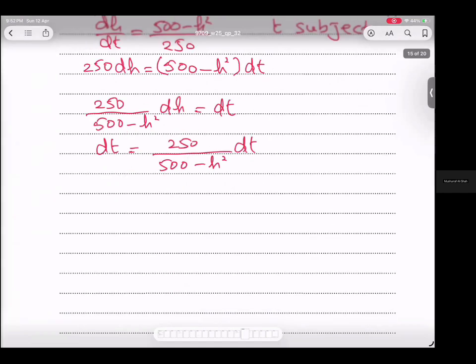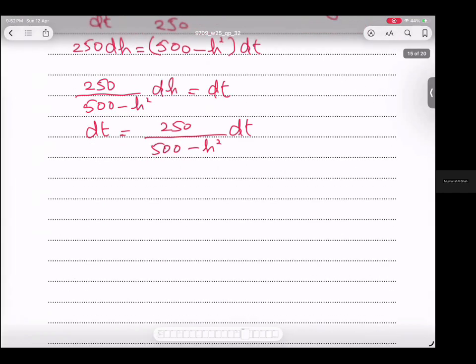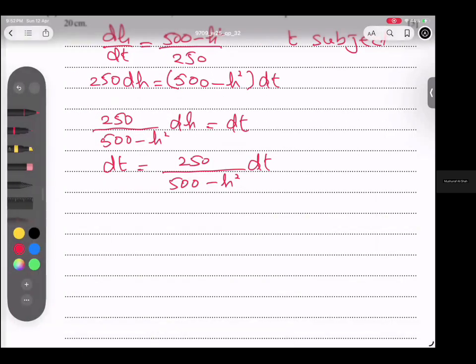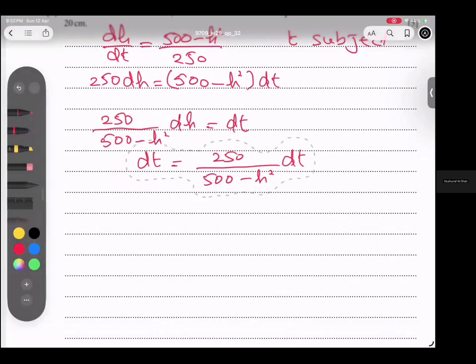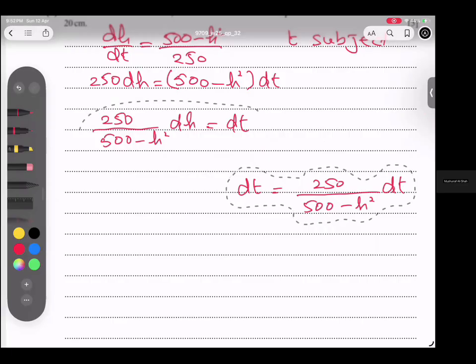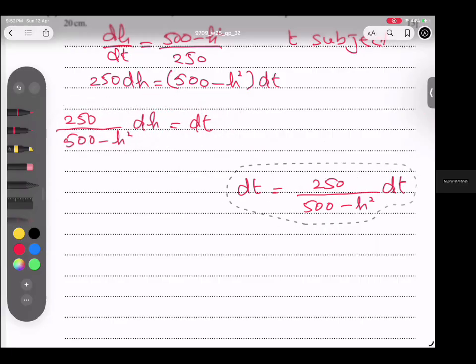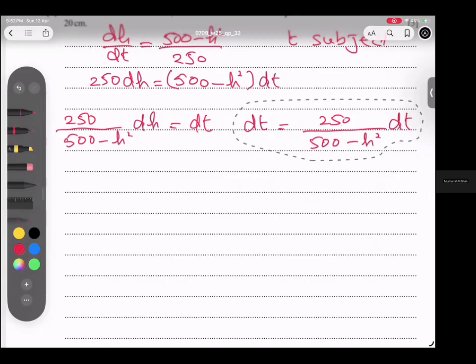So I'm calling this equation number 1, and I'm using its inside part now.